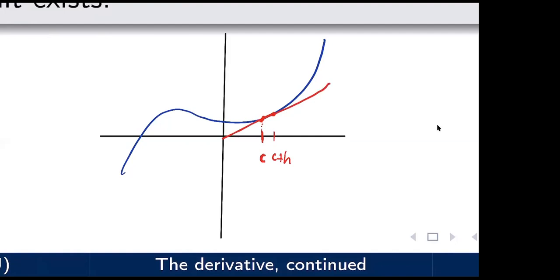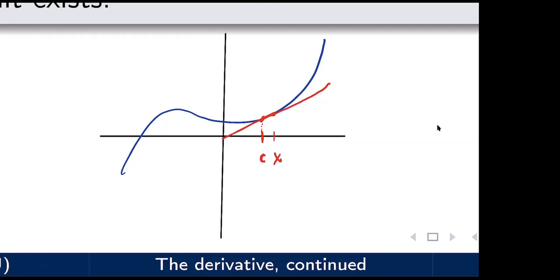Now, instead of calling that little bit of width on the x-axis h, I'm just going to call this new point that we're using to approximate, x.